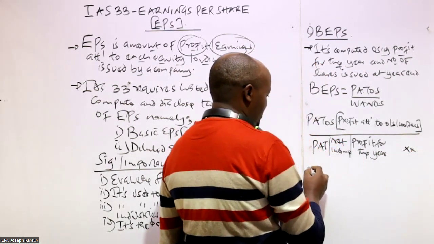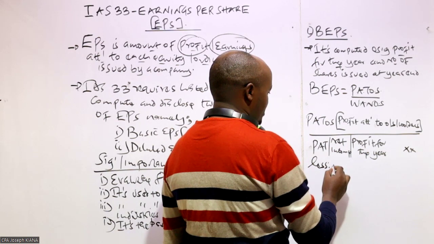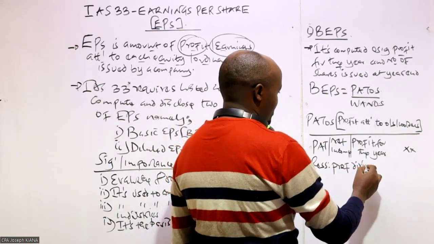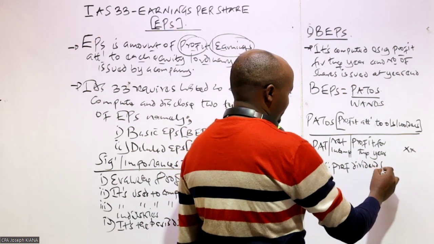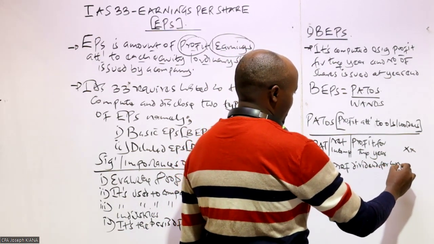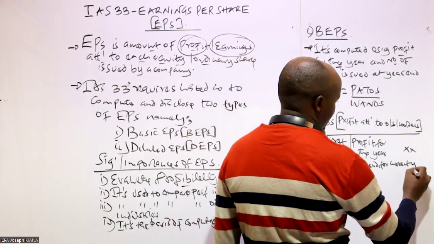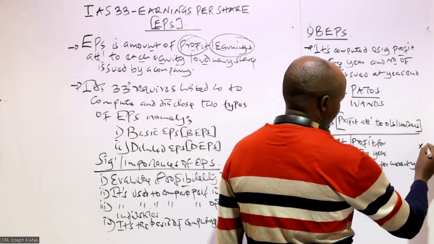So to this, we less two items. Number one, we less the preference dividends for the current year.